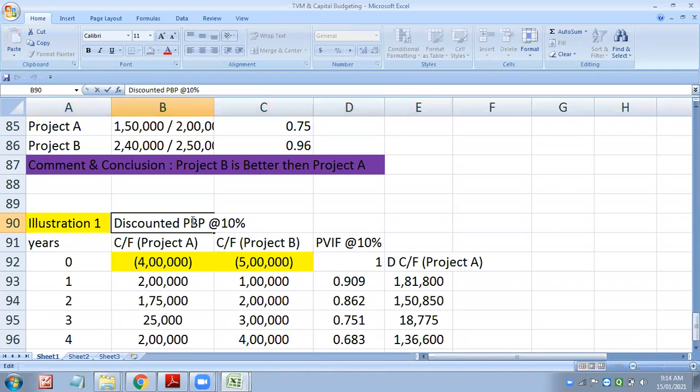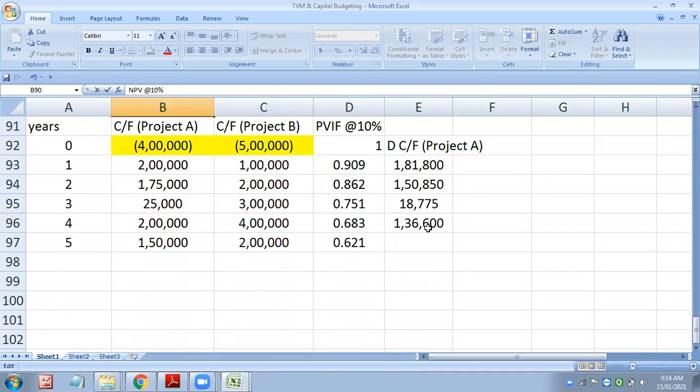Now I am going to teach you NPV, net present value, at a 10% discounting rate. Which particular project is better, whether A is better or B is better?